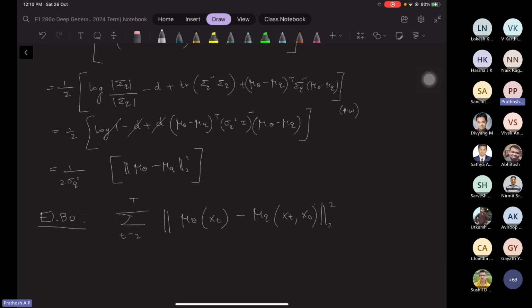That's all, right? You'll have to minimize this. Of course there is another term; this was minus. There was this term of expectation of log of p theta of x one given x naught. This was also one term. That's all, right? So these are the last two terms that are there in the ELBO.